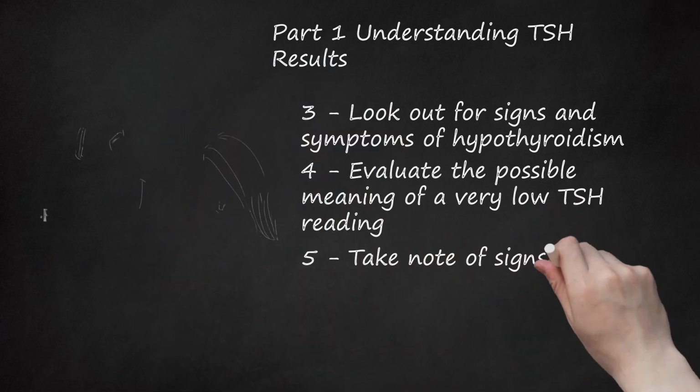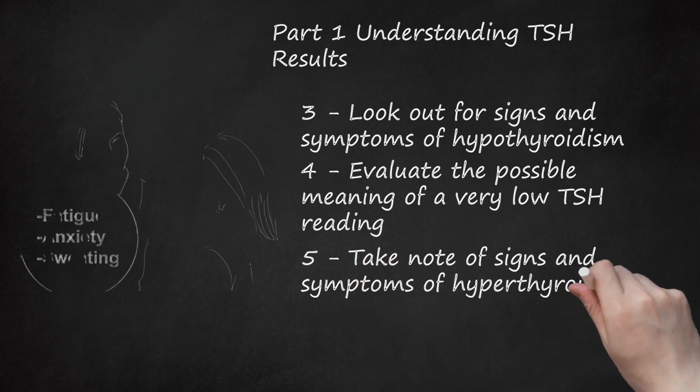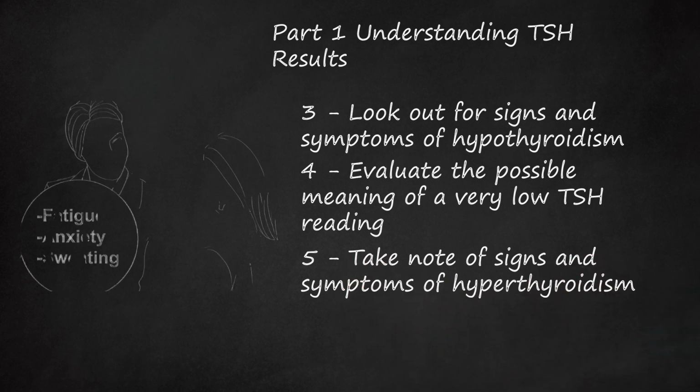5. Take note of signs and symptoms of hyperthyroidism. Hyperthyroidism presents with many clinical indications, in addition to a low TSH reading. Tell your doctor if you are experiencing any of the following signs or symptoms that may be indicative of hyperthyroidism.